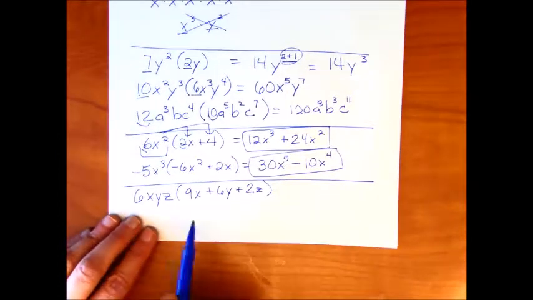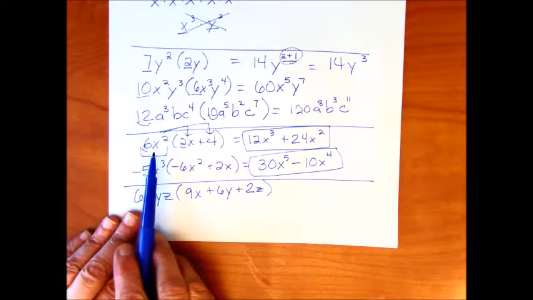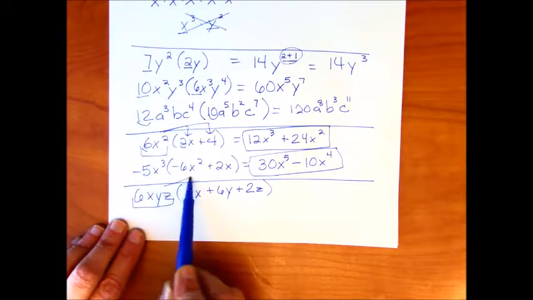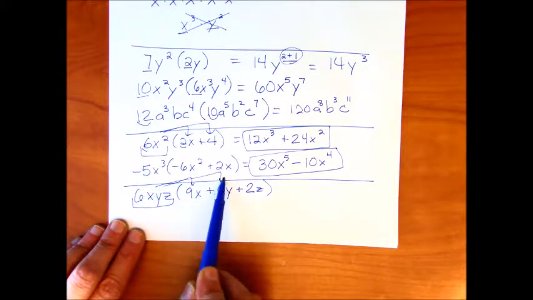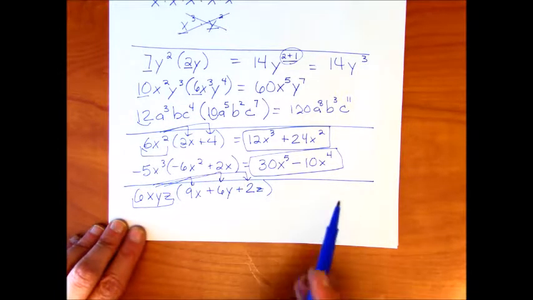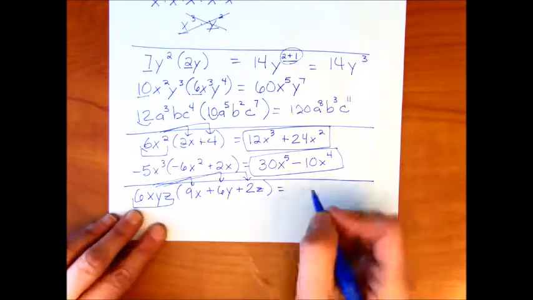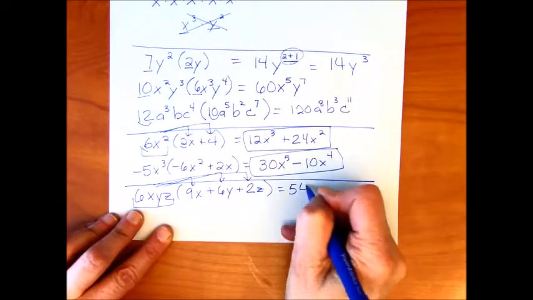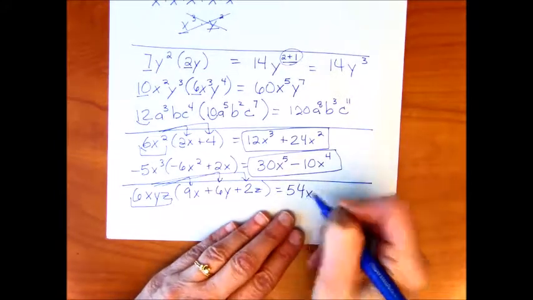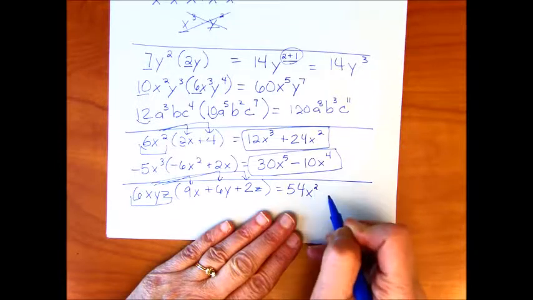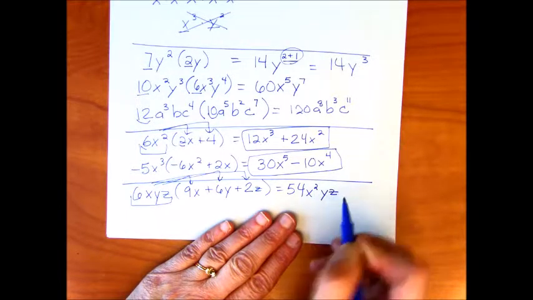And it's similar to the one that we did here with the distributive property. We're multiplying this 6 to every part within the parentheses, the grouping. So we got a positive times a positive, that's going to be positive 54x. We've got 2 x's, so that'd be x squared, y, z.